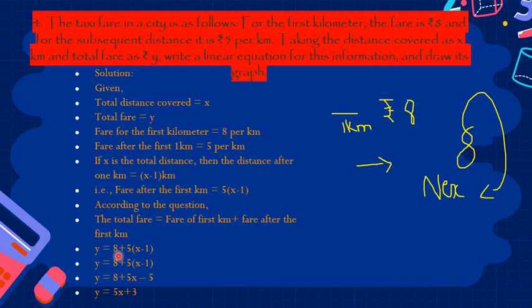If you are facing any doubt or problem in this question, you can mail me and I will explain separately. Y is equal to 8 plus 5x minus 5. This minus 5 will be subtracted from 8, and finally we can say y is equal to 5x plus 3. It is our final linear equation, and we have to draw it in the graph.